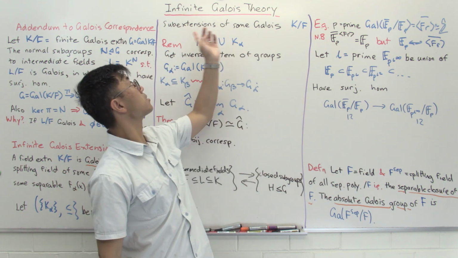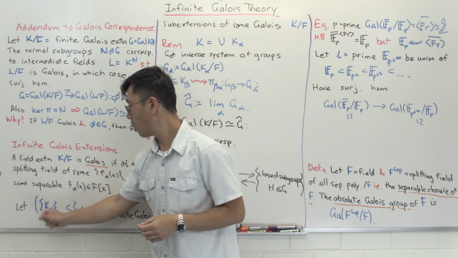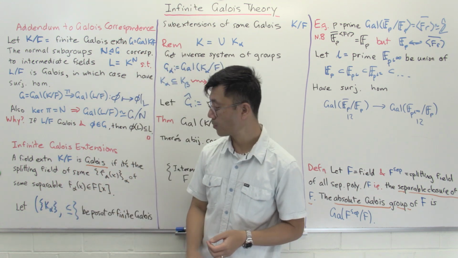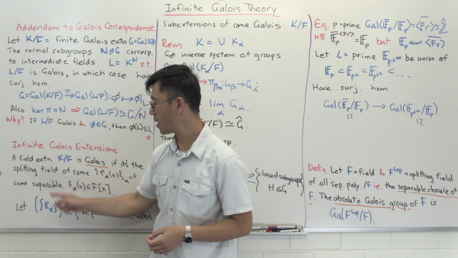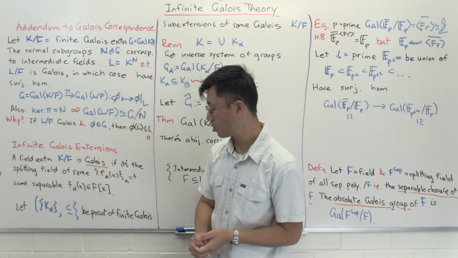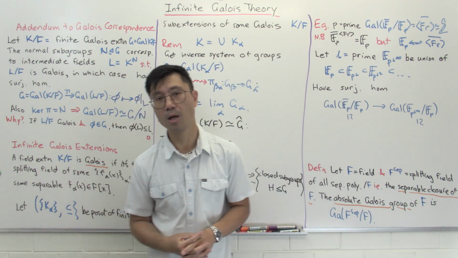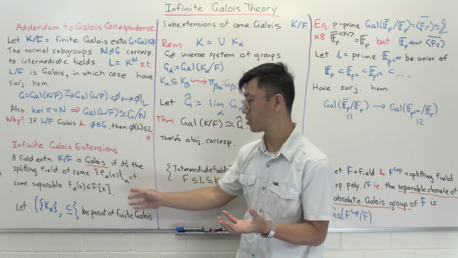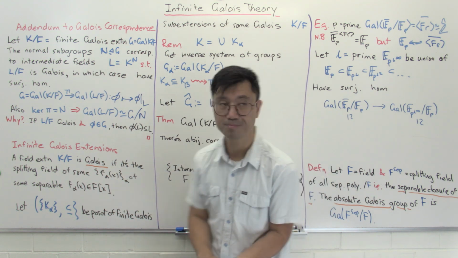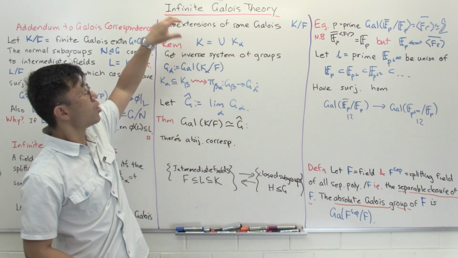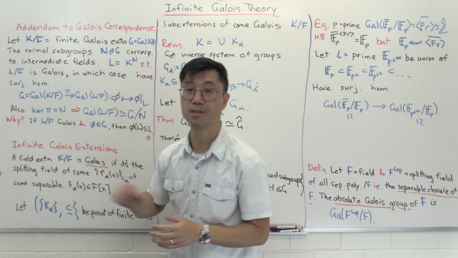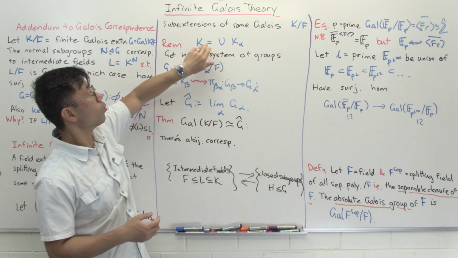We're going to consider this as a poset. These are all subsets of K, so you can order them by inclusion. Remember, when we want to take inverse limits of groups, we need a poset. That's the reason why we're introducing that. The first point to note is that this K is in a sense a limit of these K_alpha. In what sense is it a limit?